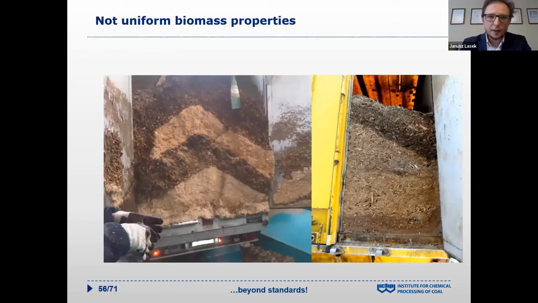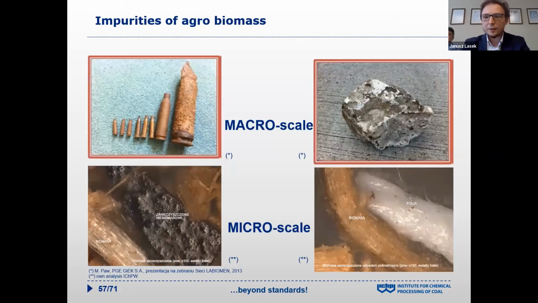Another issue is that biomass properties can be not uniform. For example, in transportation, they put material maybe from different sources, or just want to cheat. We don't know what the reason was, but I just want to say more. Pay attention to the impurities in the biomass, because according to our experience, they can really be found in biomass that was taken from the farmers.